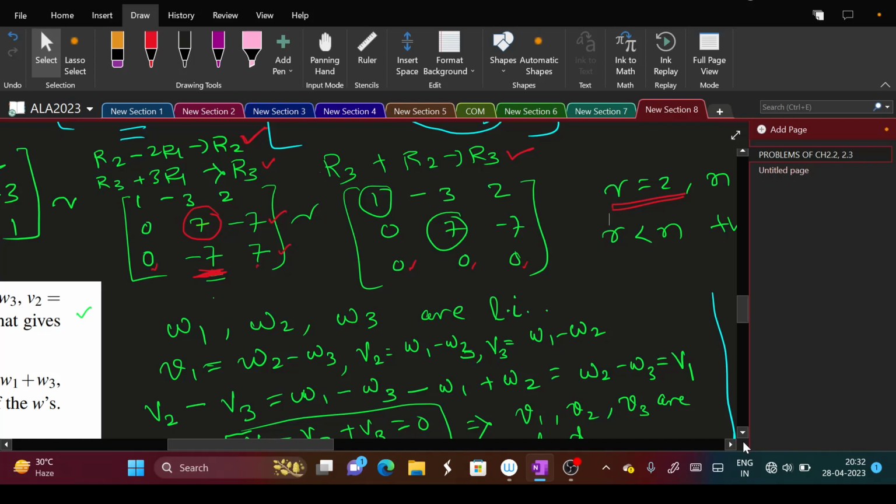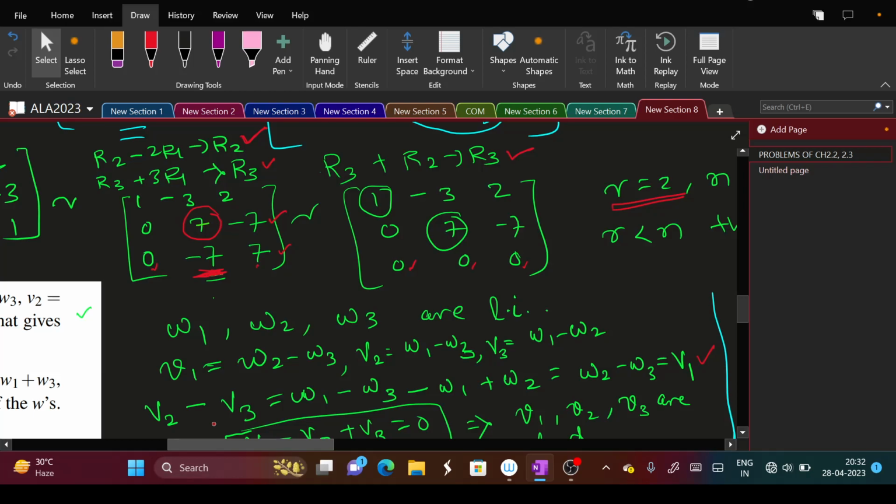Now what is V2 minus V3? W1 minus W3 minus W1 plus W2. That means finally I am getting W2 minus W3, which is my V1. So what I got?